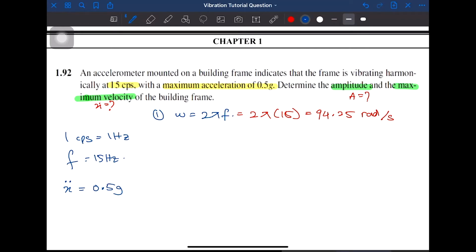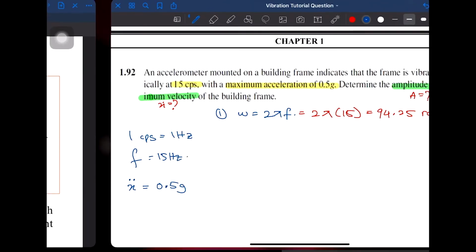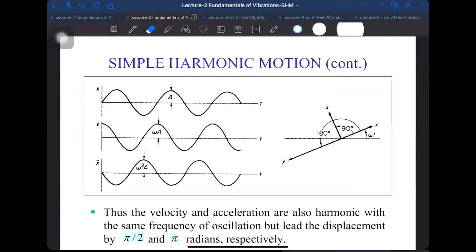Okay, next, we already have the value for omega. So using this from your lecture slide, x equals A, right? Displacement equals amplitude.